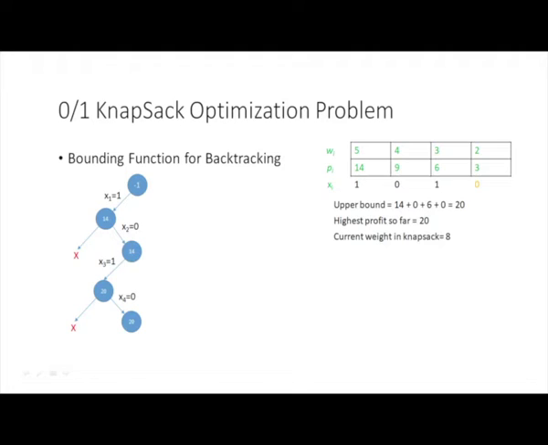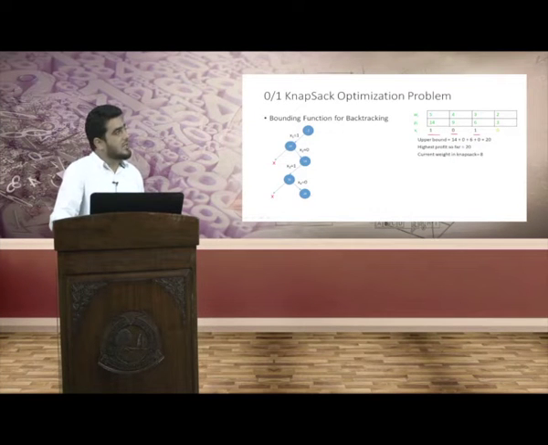However, whether we can expand the right child of this current node, as you can see on the screen we have already done that, depends on whether the upper bound is greater than or equal to the highest profit so far. On this path, the first item has been considered, the second item has not been considered, the third item has been considered, and the greedy method would give 0 to the final item.